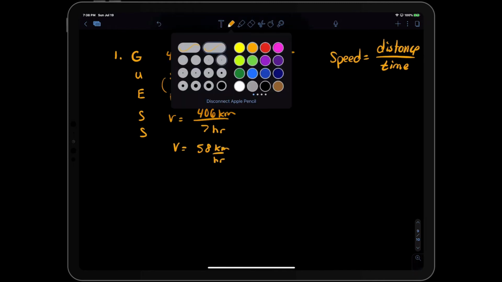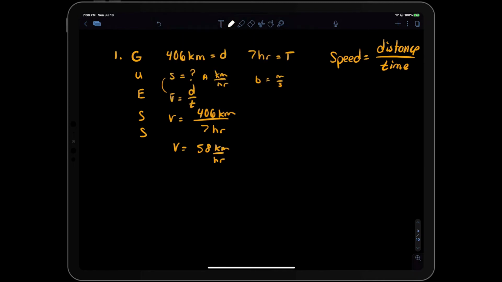Now that's only part one. Part two, we have to convert kilometers and hours over to meters and seconds. So we need a conversion factor for that. 1 kilometer represents 1,000 meters, and 1 hour represents 3,600 seconds.